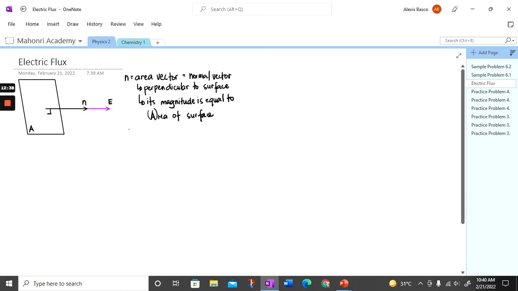And then you have E, which is your electric field. We've talked about that. So how are we going to measure the electric flux?